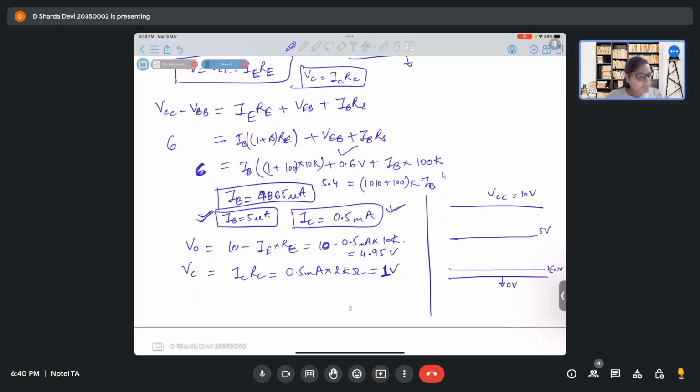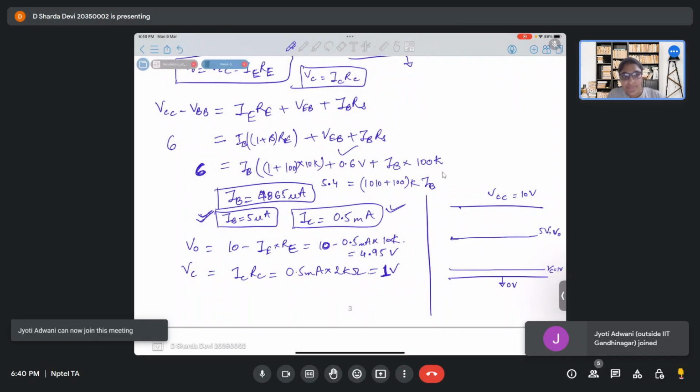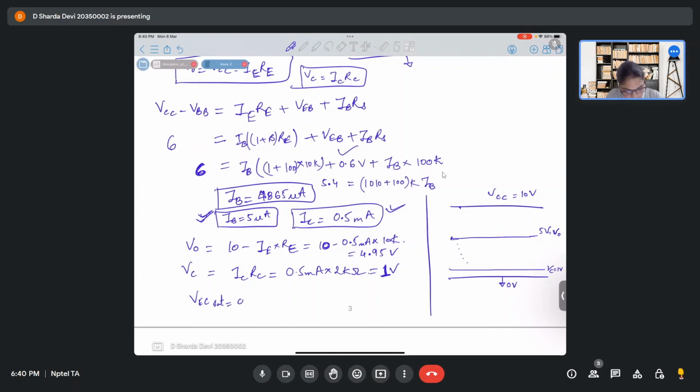If you look at it very carefully, your V0 has no boundary for the upper limit. It can go from 5 to 10. But when we are coming down, we know that VCE SAT is there, which was 0.3 volts, right?